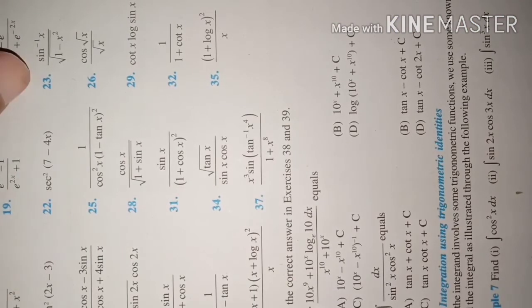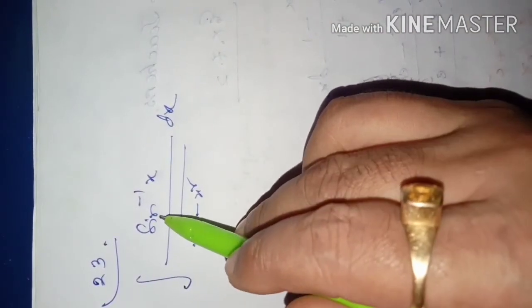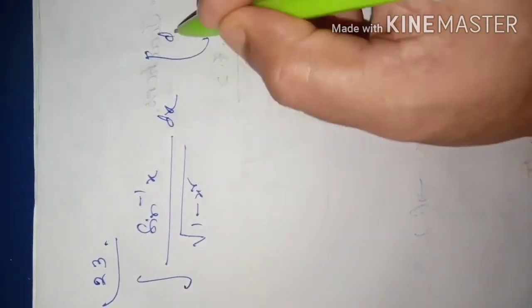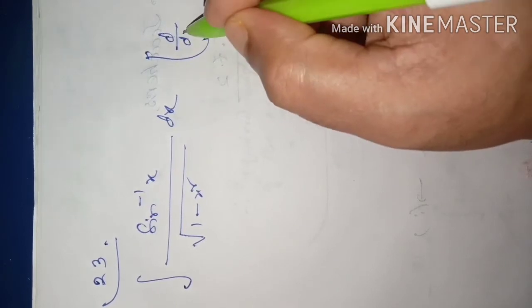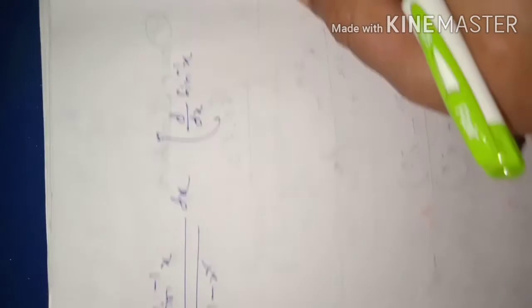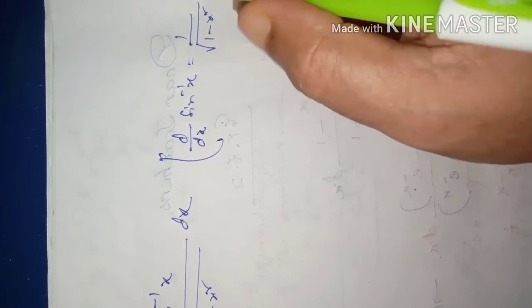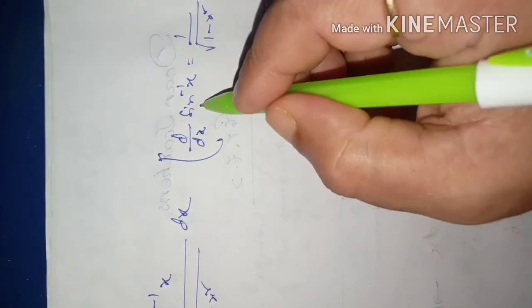Look at question number 23. Here what you can do, if you recall, the derivative d dx of sine inverse x was equal to 1 by under root 1 minus x square. That means its antiderivative can be this one.